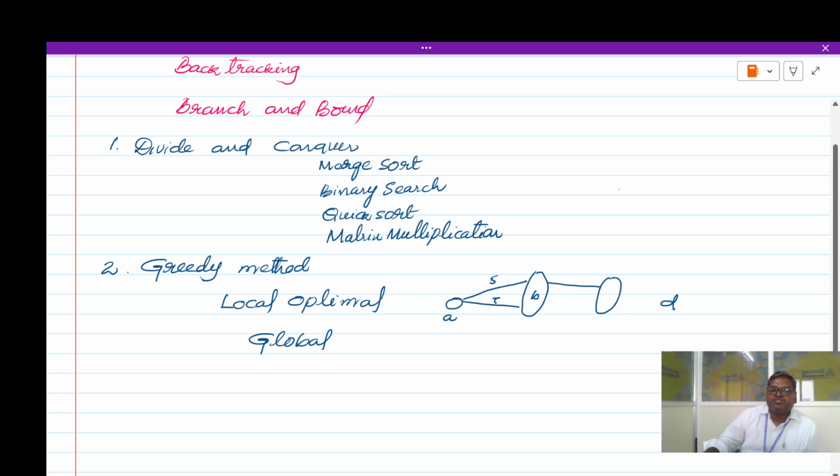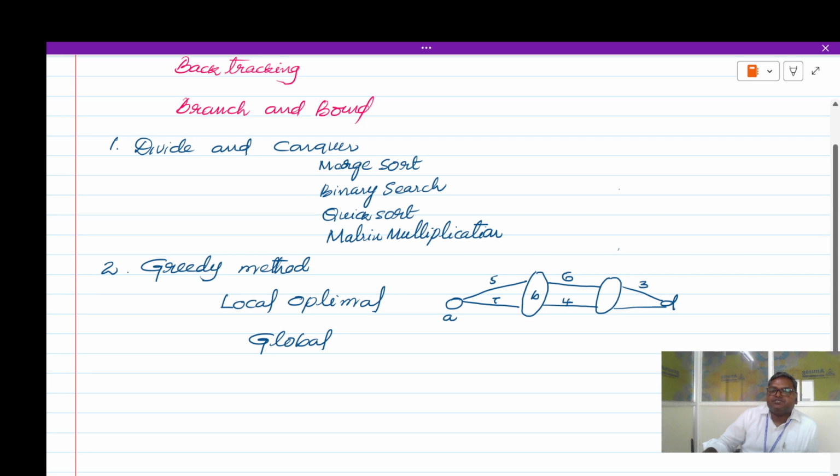Then from B to C, again you will have two options, whatever they may be. Suppose this is 6 and this is 4. Because you have already chosen 5, you have to choose 6, and then you have to travel to D by that method. So, the greedy method will take a local decision, but that doesn't guarantee the optimal path. For example, if you choose this method, 5 plus 6 is 11, and maybe this is 3.